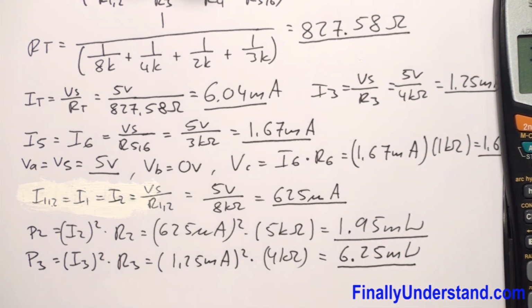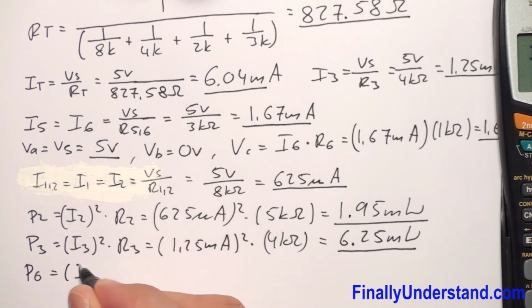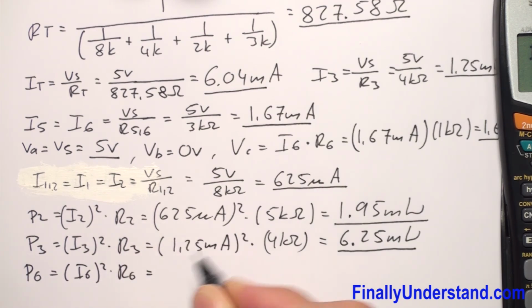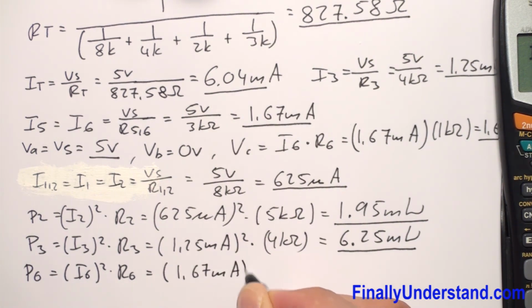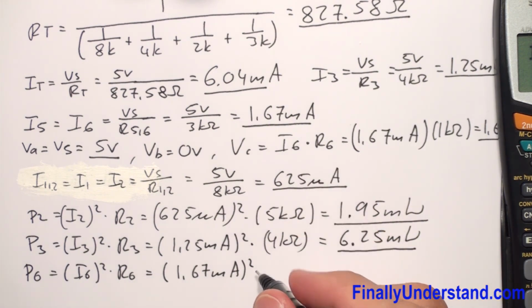This is my P3, and P6. P6 is equal to I6 to the second power times R6. This is equal to I6. We found this is equal to 1.67 milliamps to the second power times R6, which is equal to 1 kilo ohm.